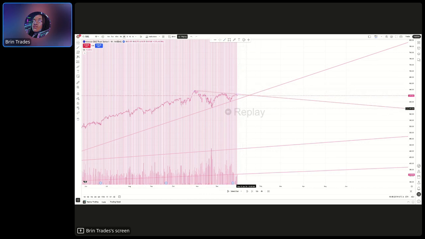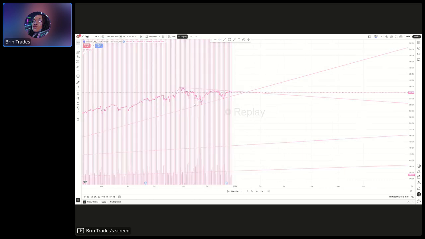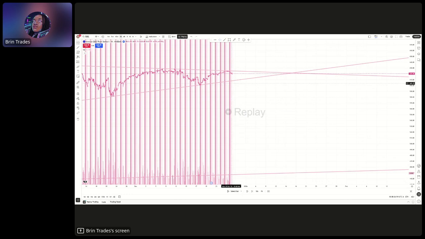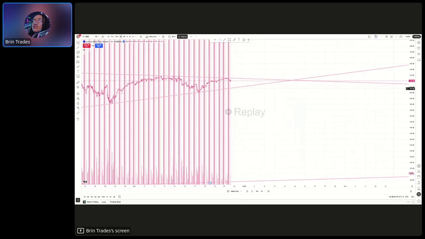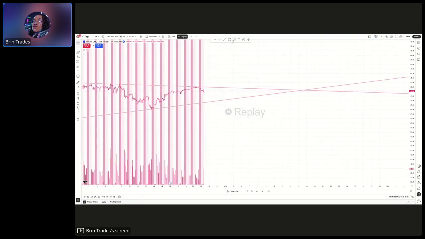Point A to point B. A lot of touch points, but one line. A lot of touch points here. Point A up to here as well.